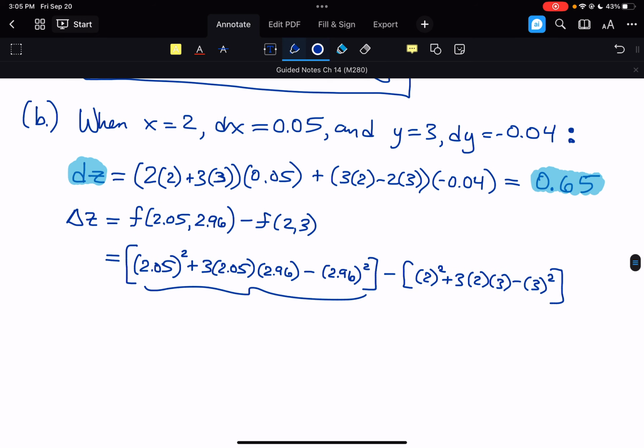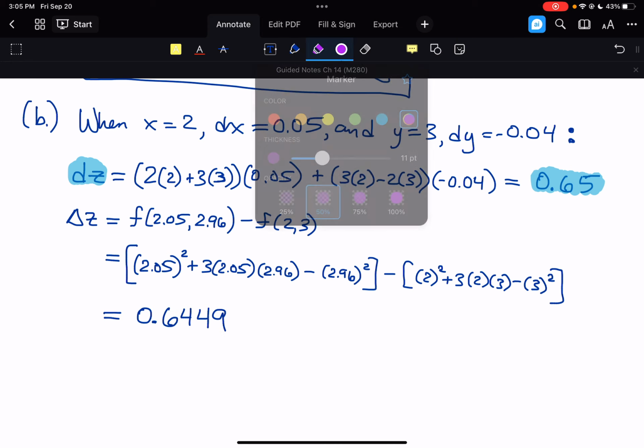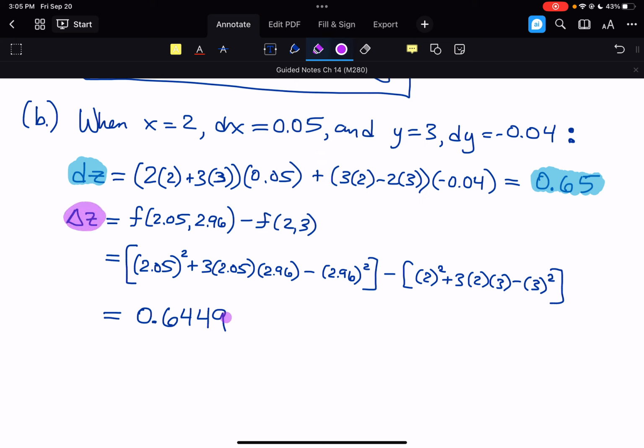And already, this is looking like something that is not as easy to calculate as the one up here was. But we can get all of those numbers and calculate it out. We end up getting 0.6449. So delta z is 0.6449.